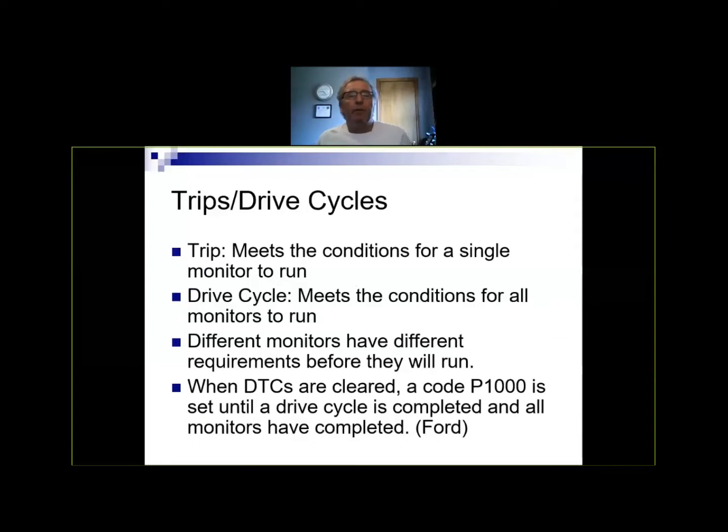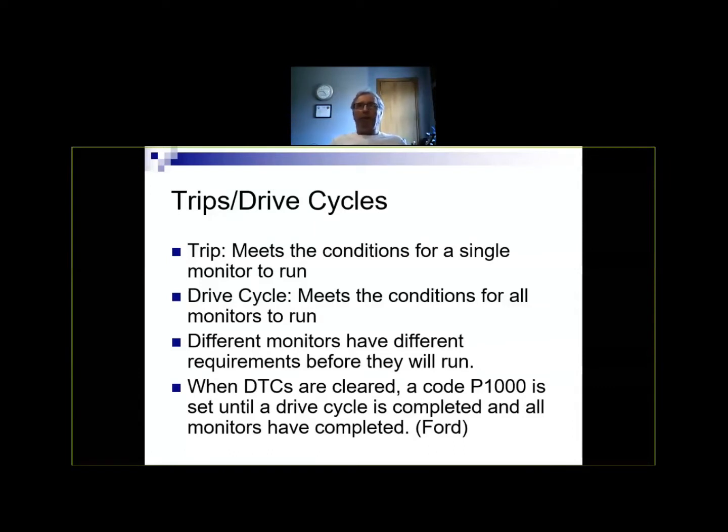Let's talk about some more definitions here. Something in OBD2 called OBD2 trips and OBD2 drive cycles. So, what's a trip and what's a drive cycle? An OBD2 trip meets the conditions for a single monitor to run.